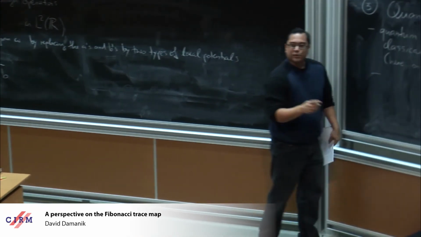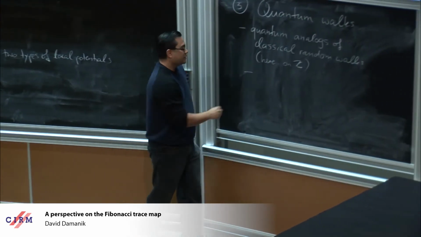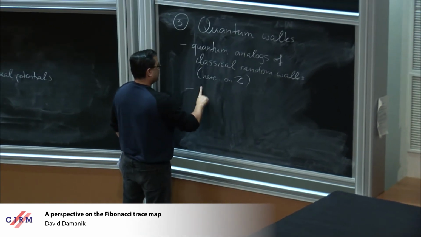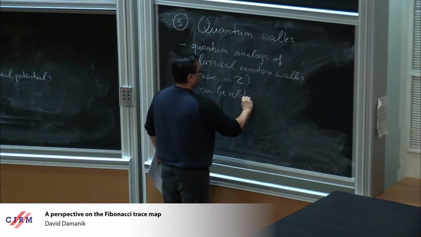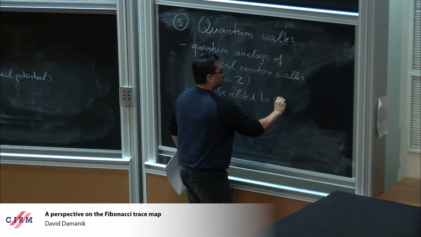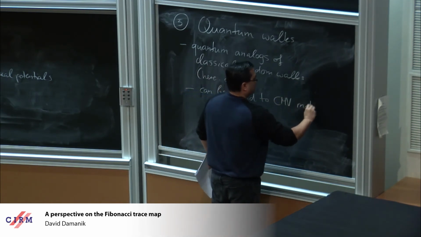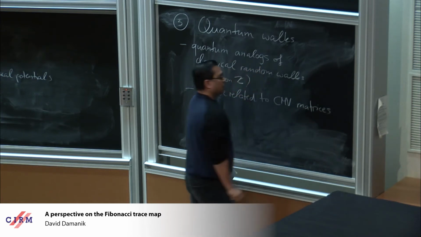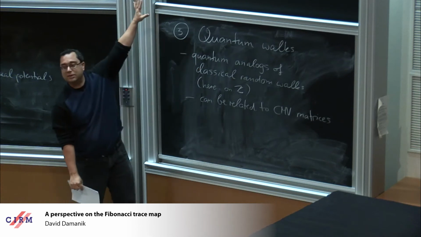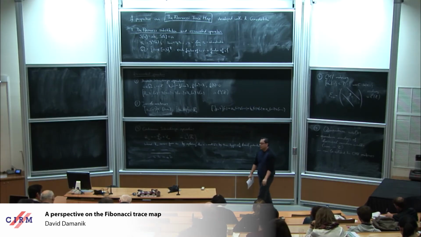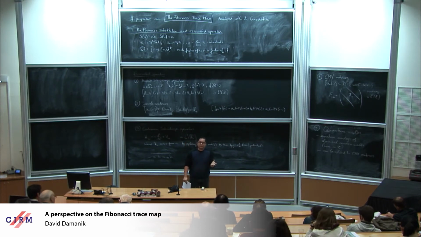And the reason why I don't tell you how they actually look is that they can be transformed, or rather related, to CMV matrices. So from this perspective, they're really a subcase of the previous case. However, they are of relevance, so people study them.